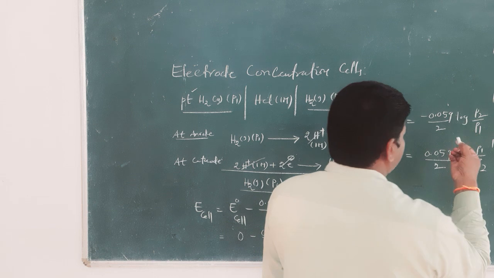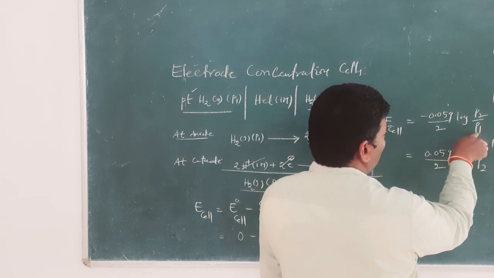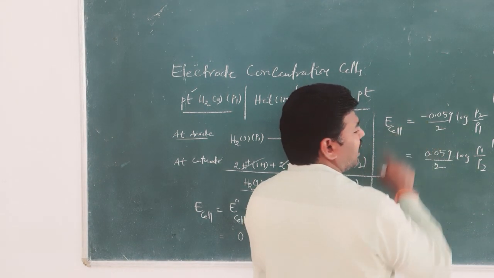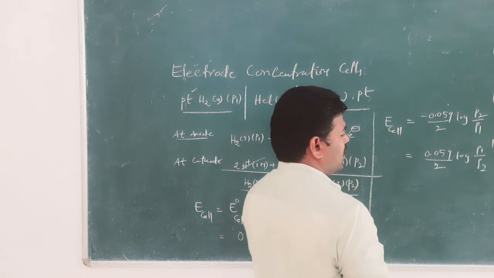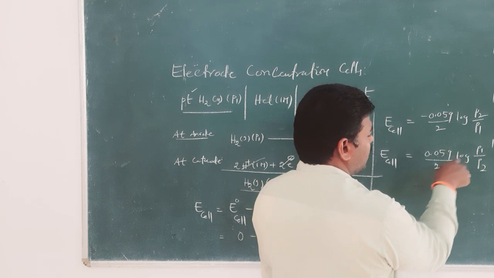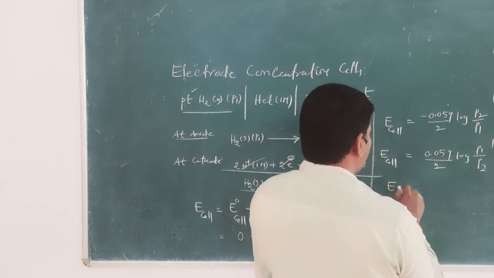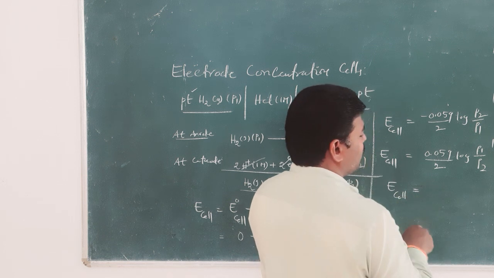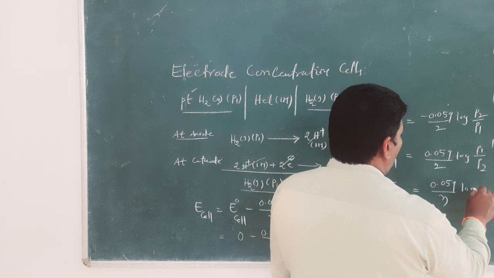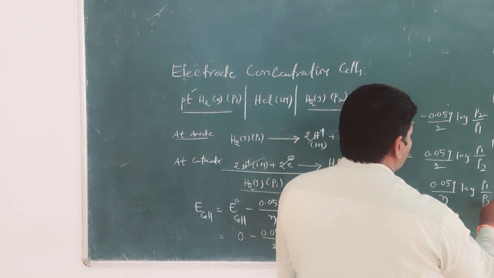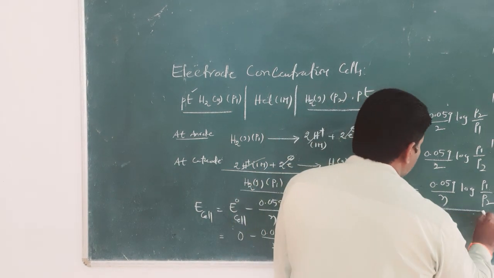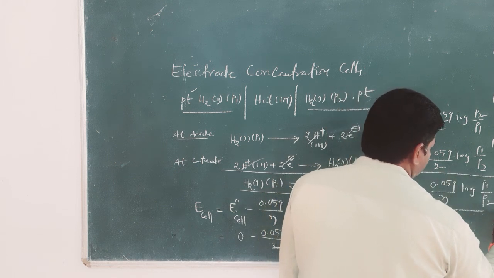I am taking the reciprocal of the fraction so that we can eliminate the negative sign. So, E cell is equal to 0.059 by 2 log P1 by P2. In general, E cell is equal to 0.059 by n log P1 by P2. This is the equation for EMF of the electrode concentration cell.